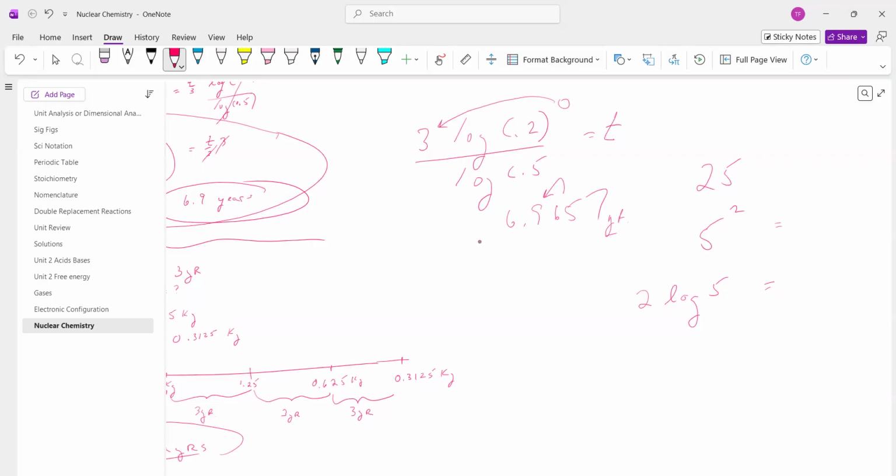So we're still finding mass, it just depends on what's missing, the initial or the final. Then there's elapsed time, that's just plain old t, and then we have the half-life, t sub 1/2. They're the four variables, and one of them is going to be missing.